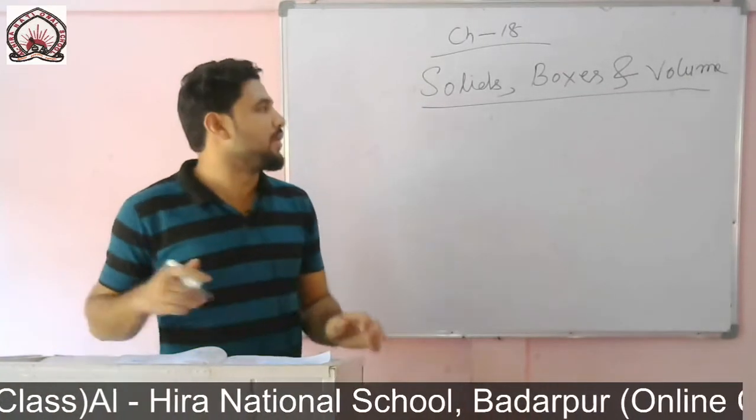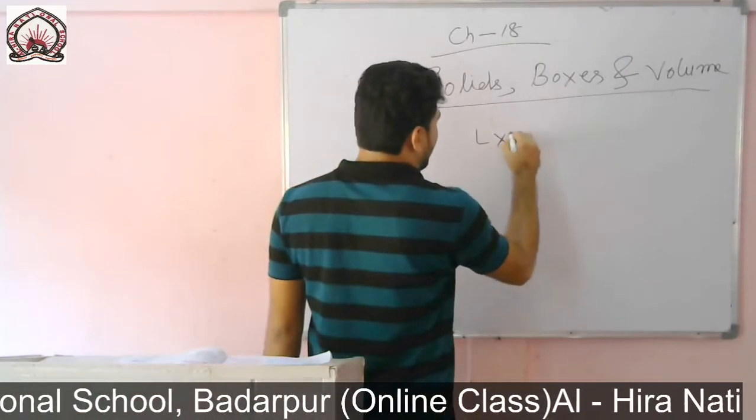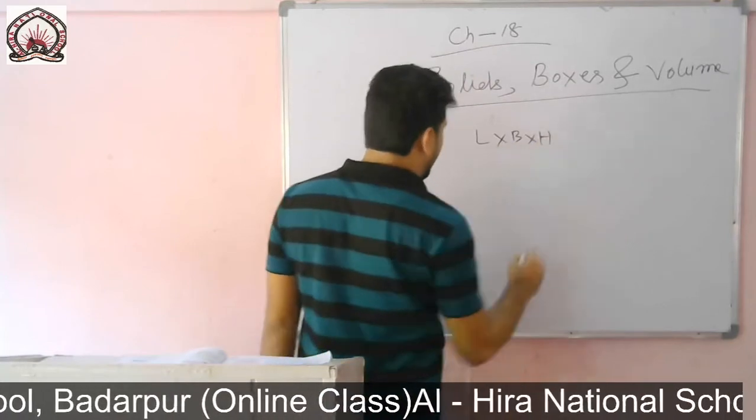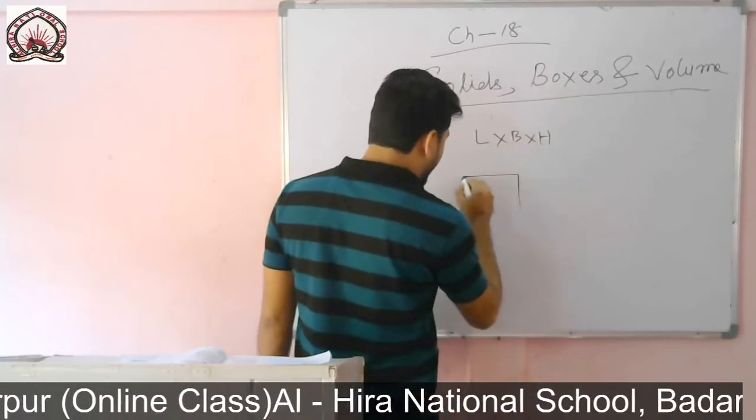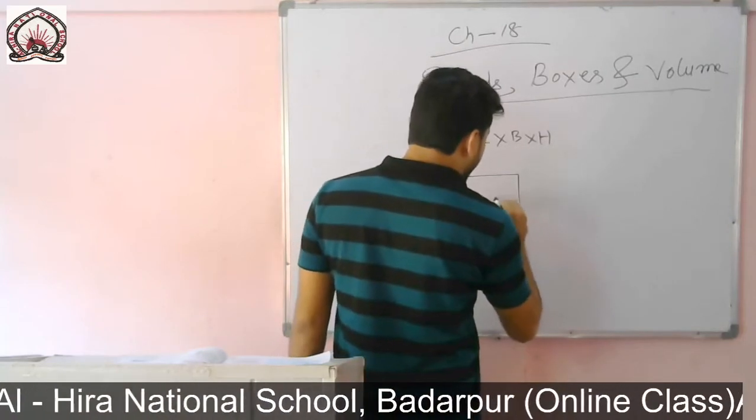That means we can find the volume of the box with the help of its length into breadth into height. Okay, suppose this is a cube, or suppose this is a cuboid.